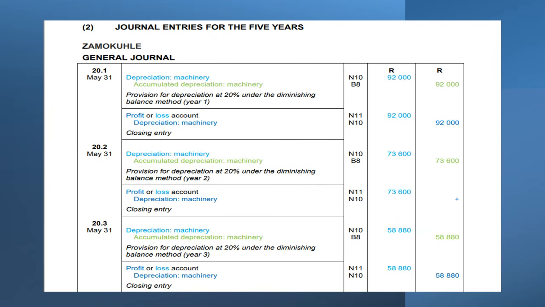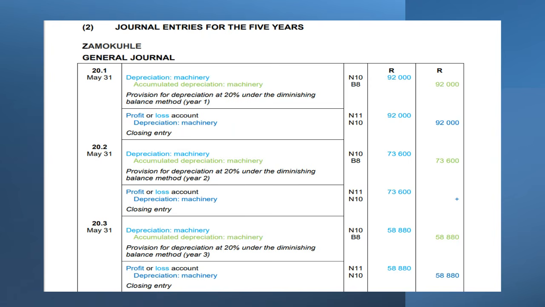So you will debit the depreciation expense and then you credit what? Your accumulated depreciation by how much? 73,600. You also do the same closing off journal entry where you are crediting your depreciation by 73,600, and you are debiting your profit or loss by 73,600.